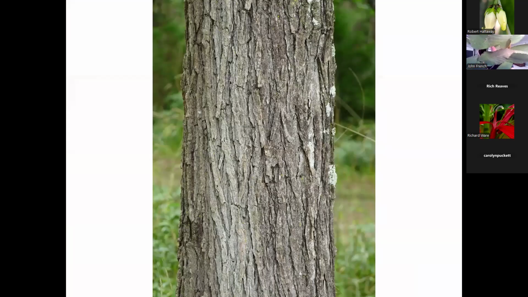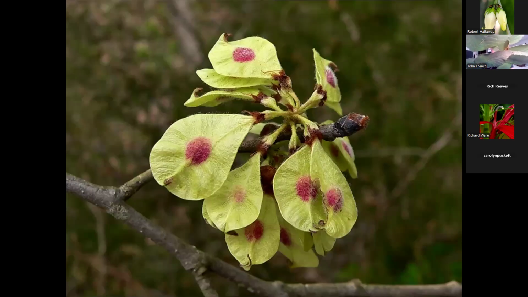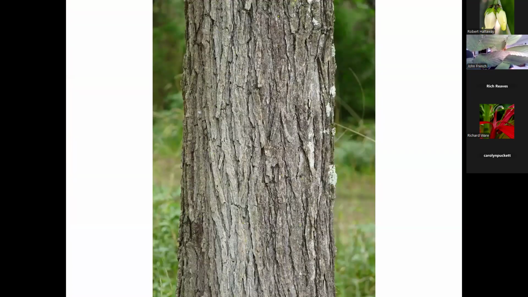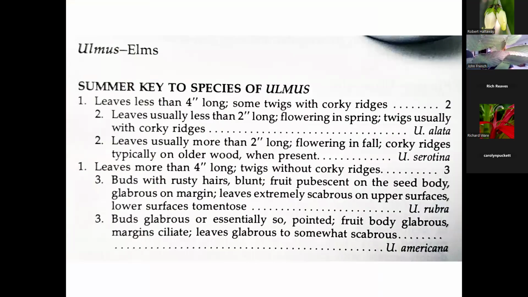This is the fruit, and it's a lot bigger wing than American elm. It turns out to be rubra.